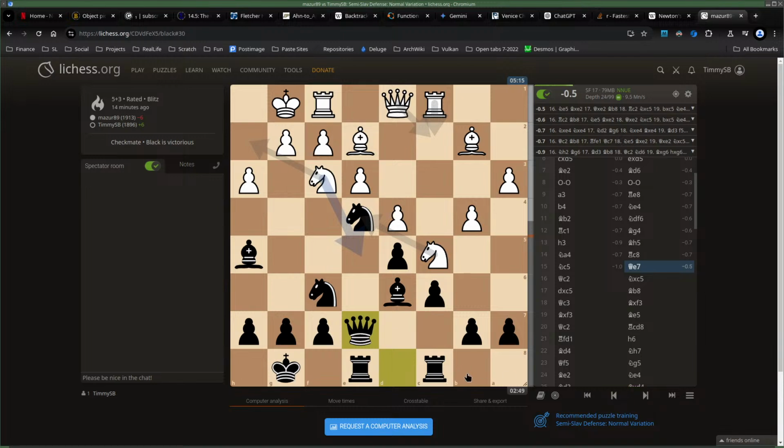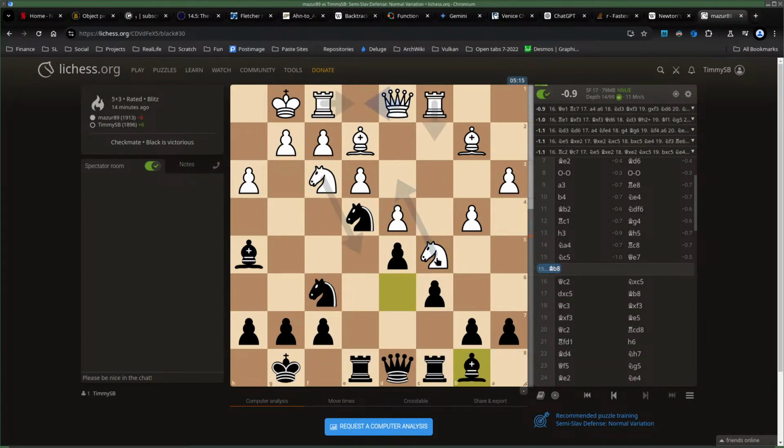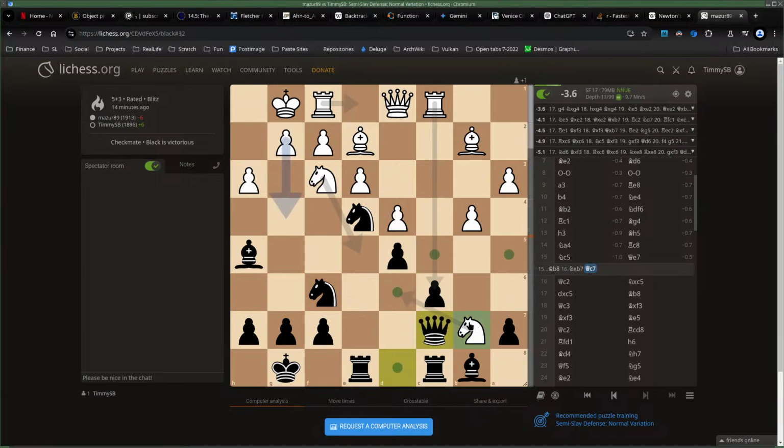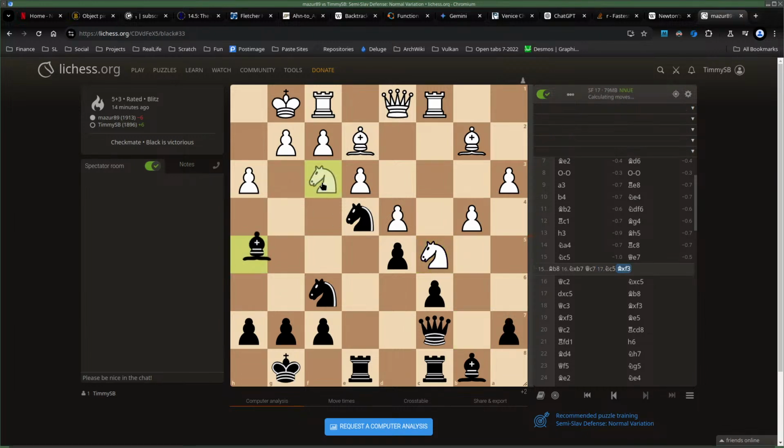Yeah, but the computer says I should have gone here, and then I was afraid for this move. But apparently that drops a knight, because if he moves it away again, it's mate in 5. Yeah, well, that is the threat that I wanted. And indeed, it just wins at least a piece, and probably worse.